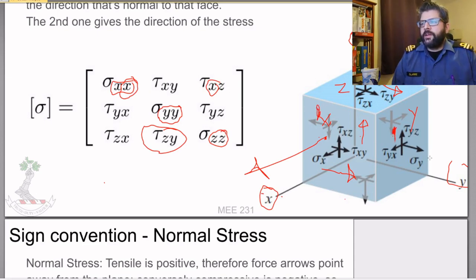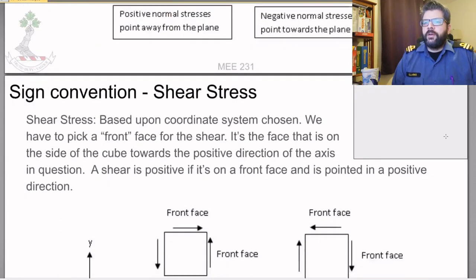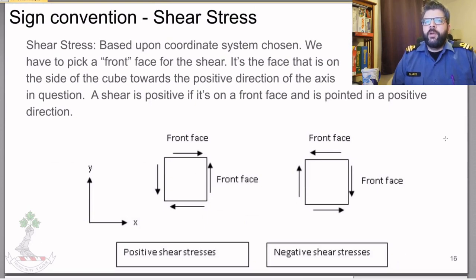You want to pick the face where the normal vector from that face is pointed in the positive direction for the coordinate system chosen.